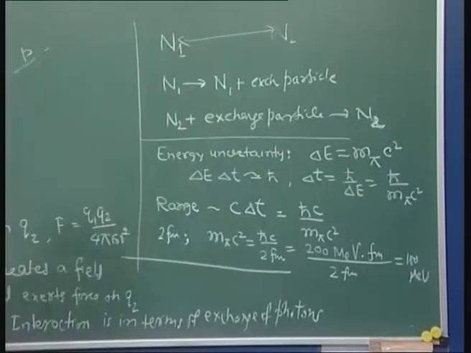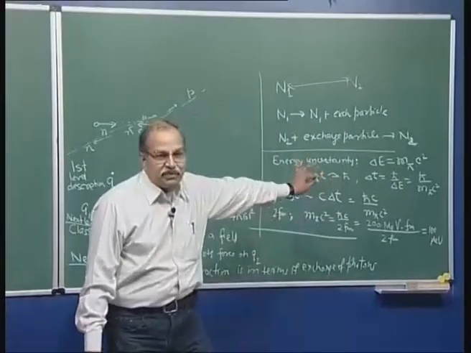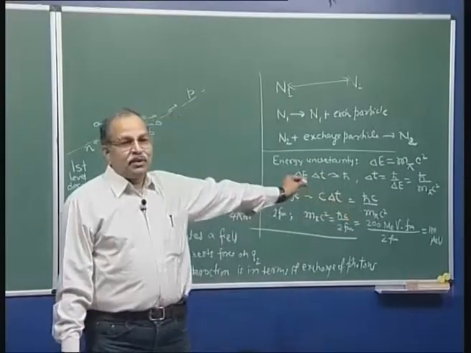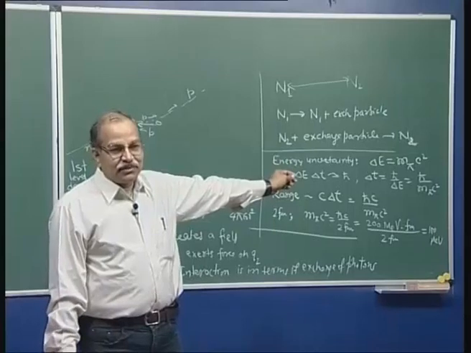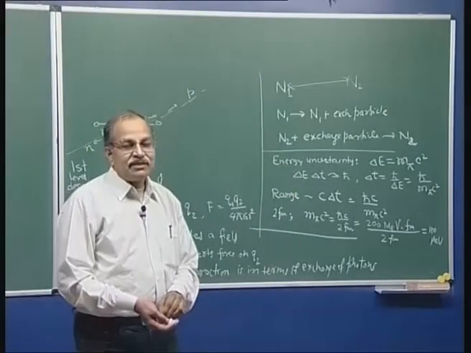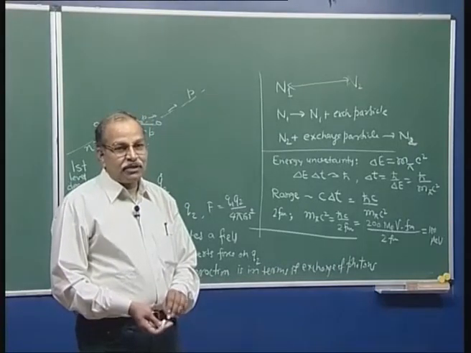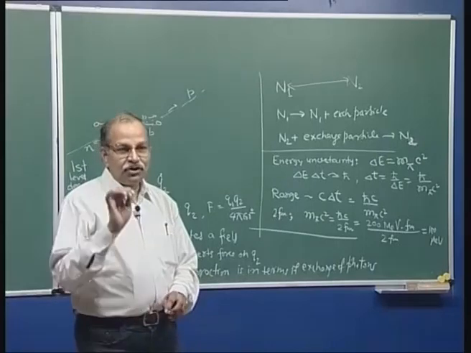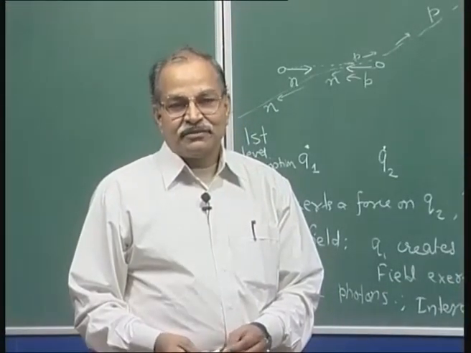So, this exchange particle should have a mass of something of this type, about 100 MeV per c square. MeV by c square is the mass unit, right. So, it should be around 100 MeV by c square. Compare it to the nucleon mass energy 938 MeV, right.